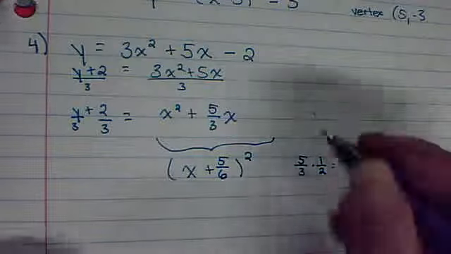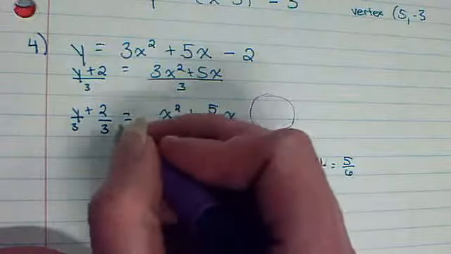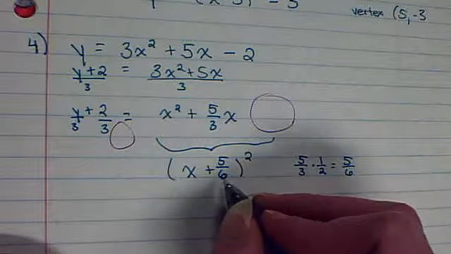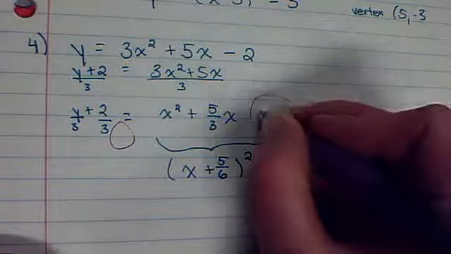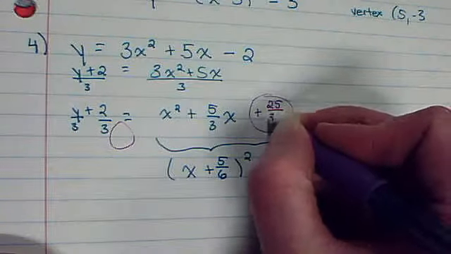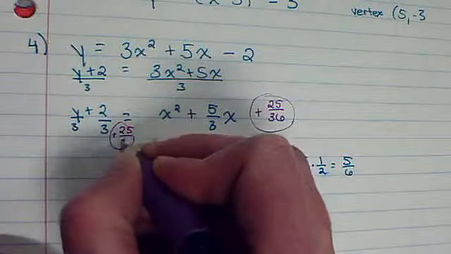So now I get an idea of what I'm going to have to add to both sides. I didn't leave myself much room there, so I'll add it right here. I need to take that 5/6 and square it. So if I square 5/6, 5 squared is 25, 6 squared is 36. So I'm going to be adding 25 over 36 to both sides.